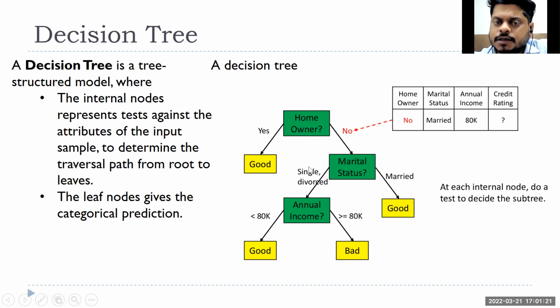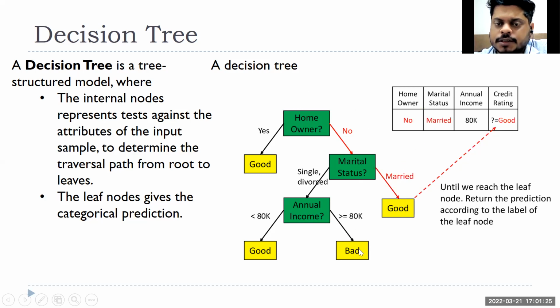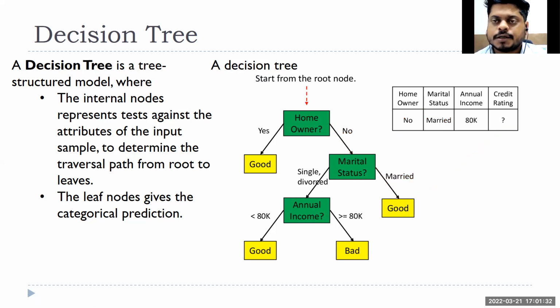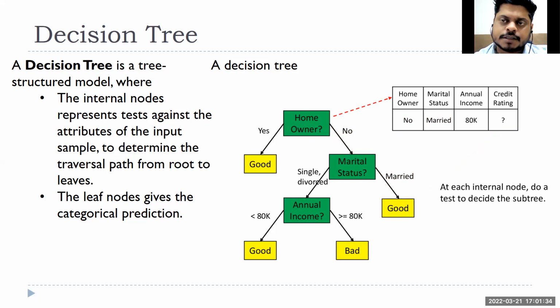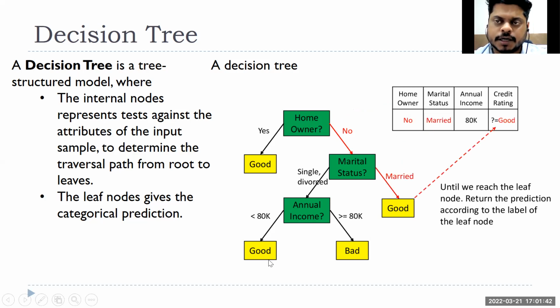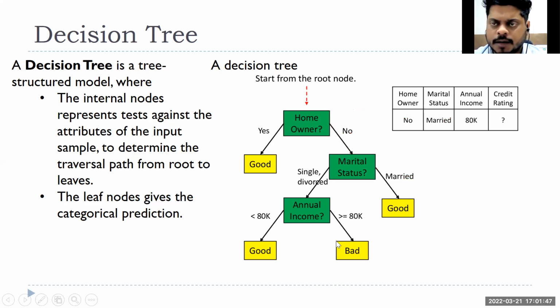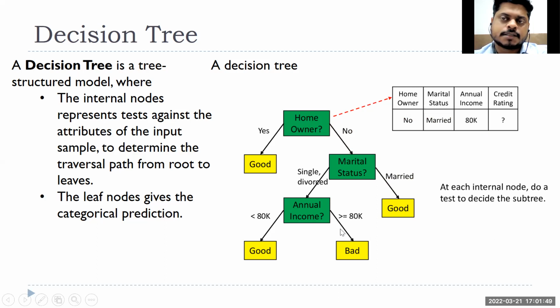Homeowner, marital status single or divorced, annual income greater than $80,000, his credit worthiness is poor. So this might look strange. Then obviously you have to explain why somebody having an annual income less than 80K has good credit, why your model is predicting good credit worthiness, and why somebody above 80K has bad credit worthiness. That is additional explainability you have to give to your model.